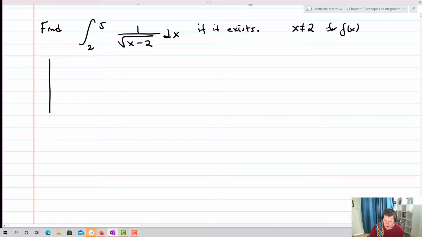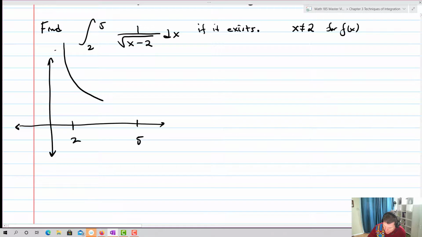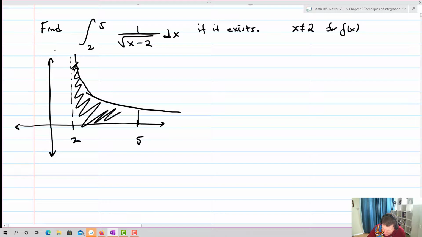We essentially have something that looks like this. Here's 2, here's 5, and our asymptote is actually at 2. So here's our asymptote, and we want to know how big is the area underneath that curve. That's the problem we're dealing with.